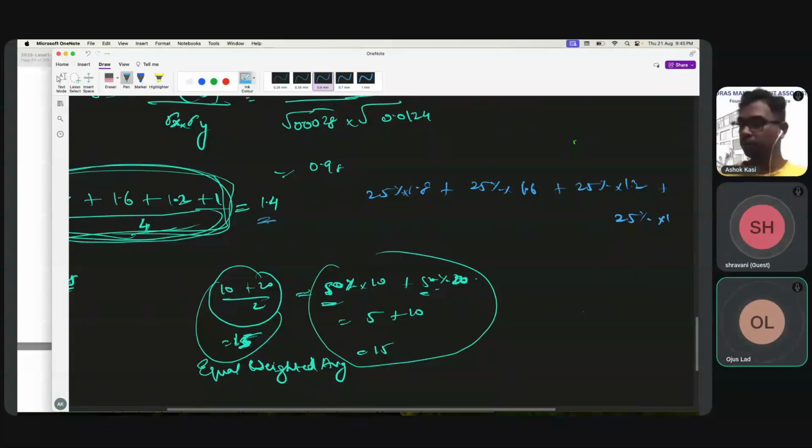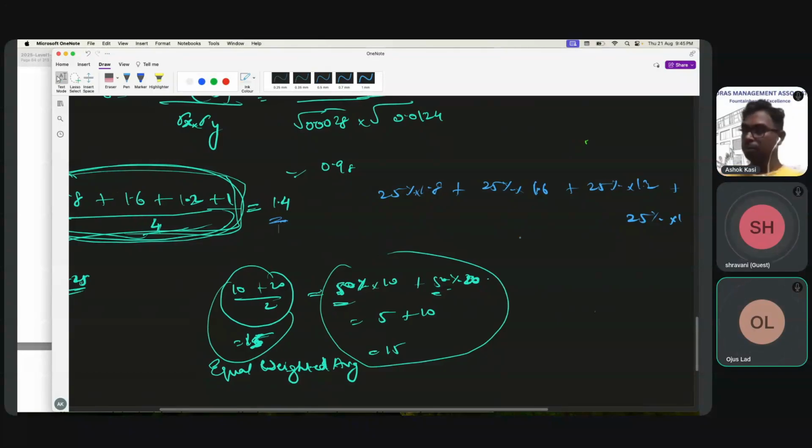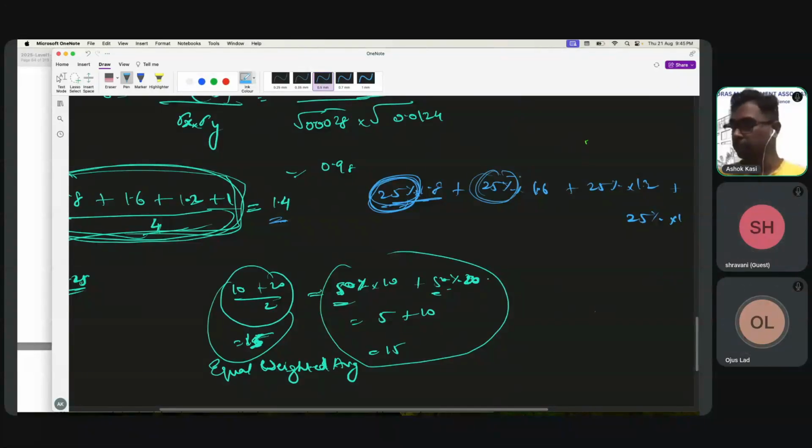You will get 1.4 only here. And when I'm using this probability or weight or percentage, I'm not doing divided by. Why? Because divided by 4 is already taken care of in this 25%, right? Understood till here?